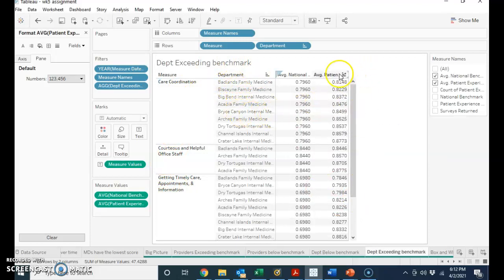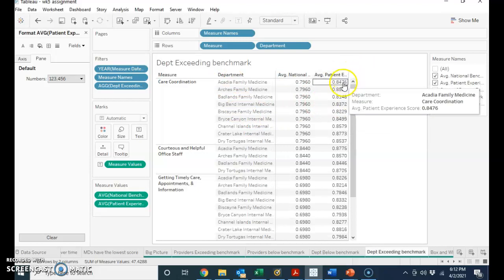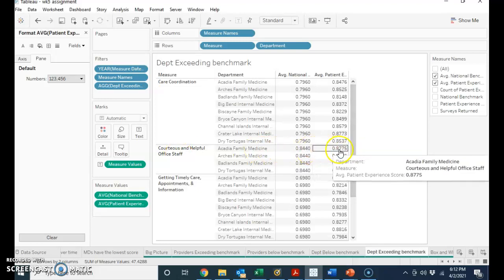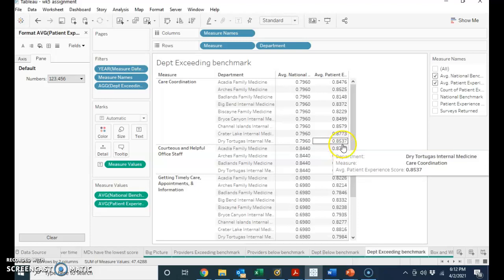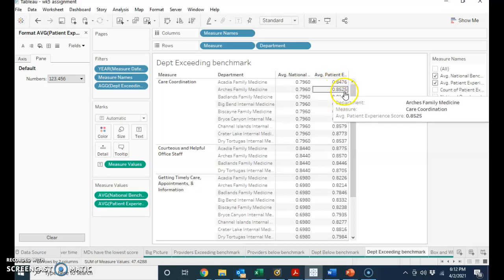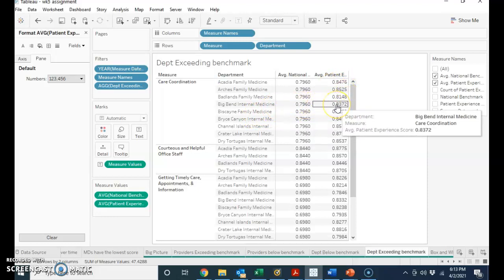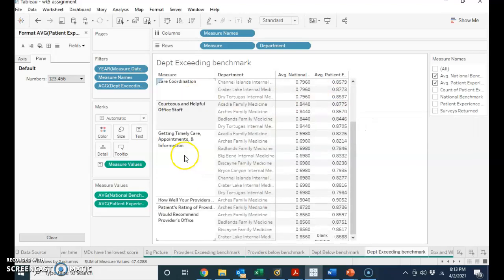Since it's exceeding, we'll sort it by descending so we can see the practices that are really exceeding in this area of care coordination or courteous and helpful staff, and you can see by how much they're exceeding. Here's the national average. Here's what this department scored. So we can see that these are really those departments that are doing well in these various measures.